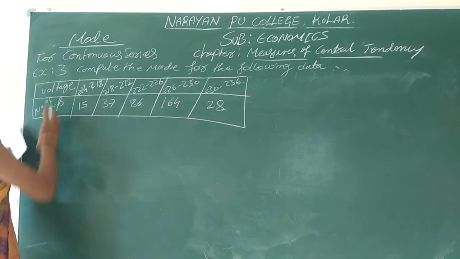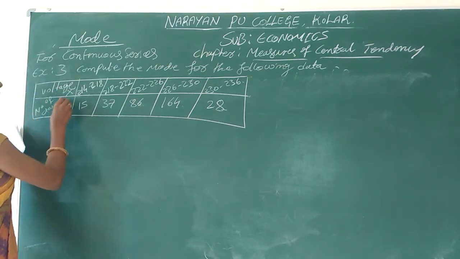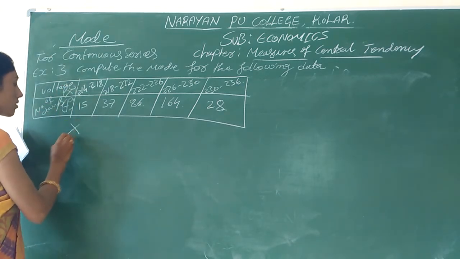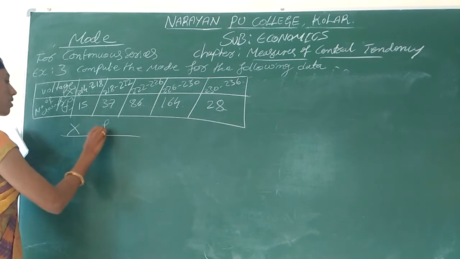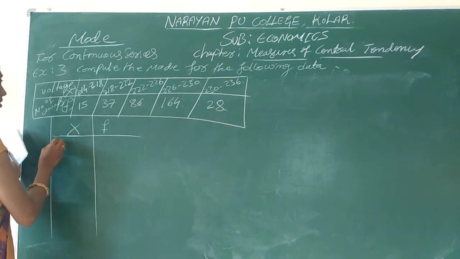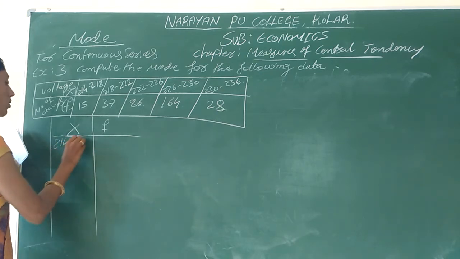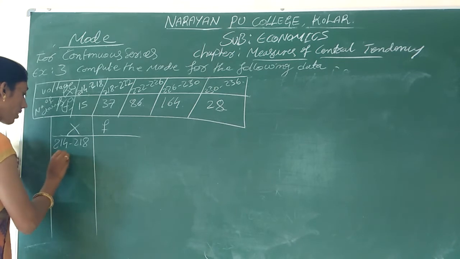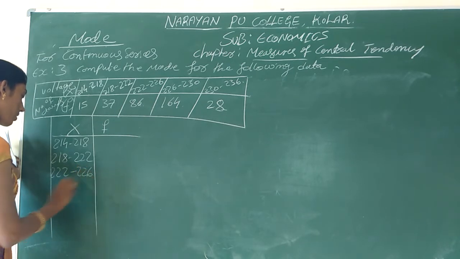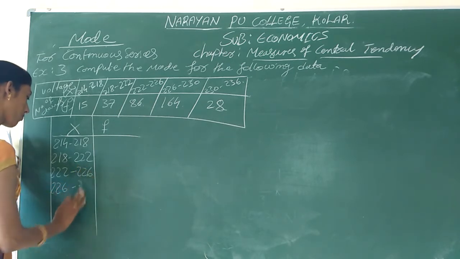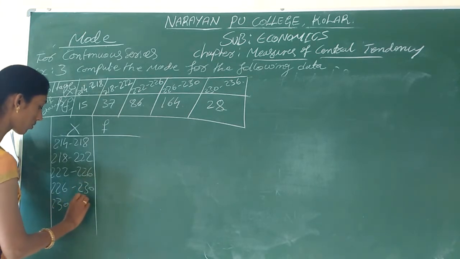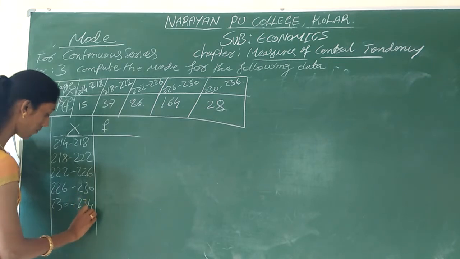Then give it X for the voltage and F for the number of days. Here X means voltage and number of days means F. 14 to 18, 18 to 22, 22 to 26, 26 to 30, 30 to 34.